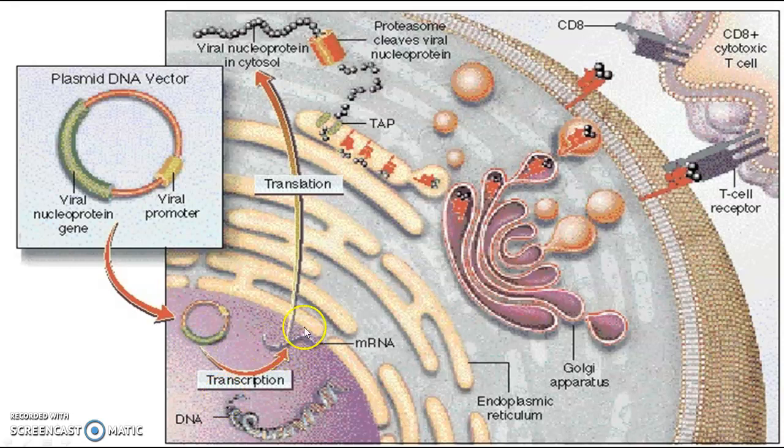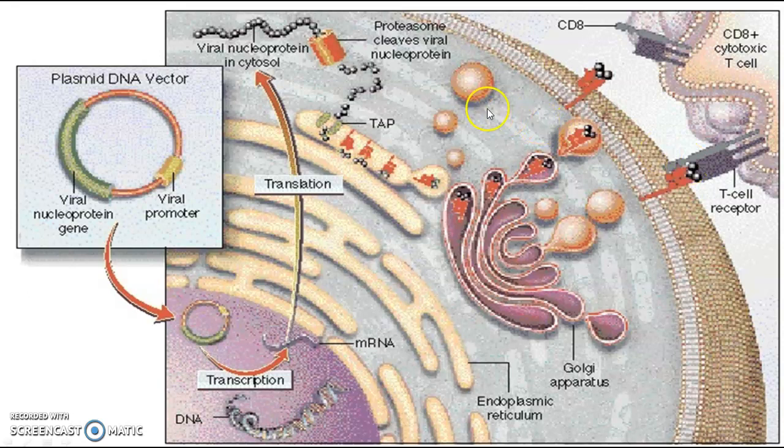will form the mRNA. After translation they come out of the nucleus and form the viral nucleoprotein. This will be broken down into small pieces and form a vesicle that will be broken down in the phagolysosomes, and a small part will be expressed by MHC class 1 and MHC class 2, and this will be identified by T helper cells or the cytotoxic T cell.